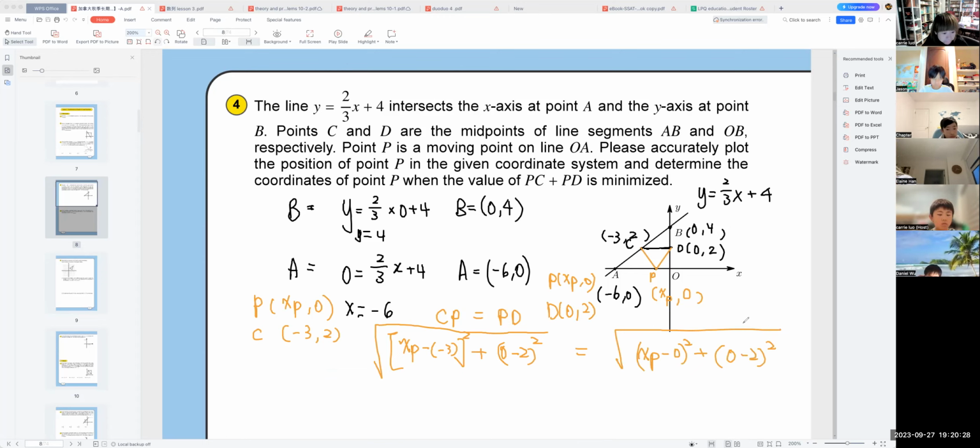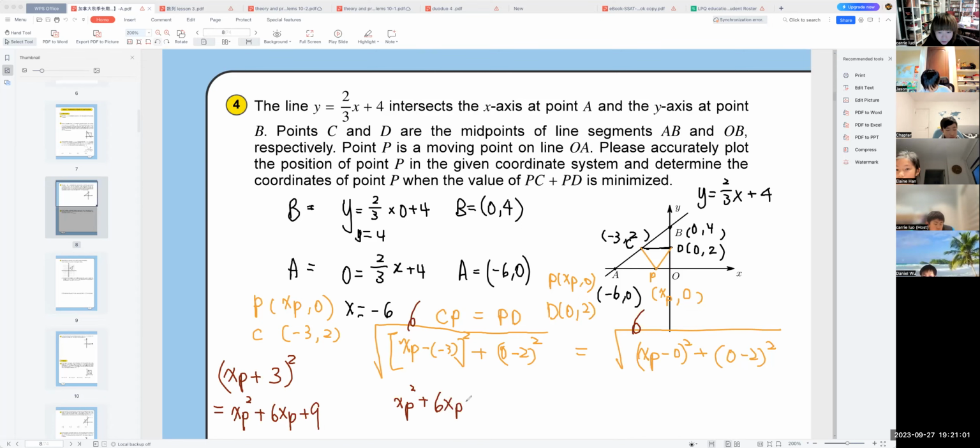Correct, Jason? Daniel? Oliver? Elaine and Chapter? Do you understand this equation? It's exactly the same as the earlier one, right? So now we are doing this. So Chapter, the only part you are not so good at is this, right? xP plus 3 squared, let me work it out for you: it equals xP squared plus 6xP plus 9. The square root on both sides can be removed, right? So this equals xP squared plus 6xP plus 9.